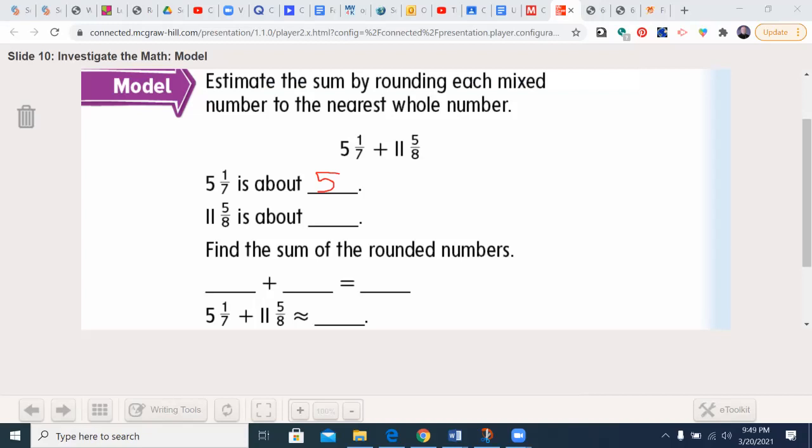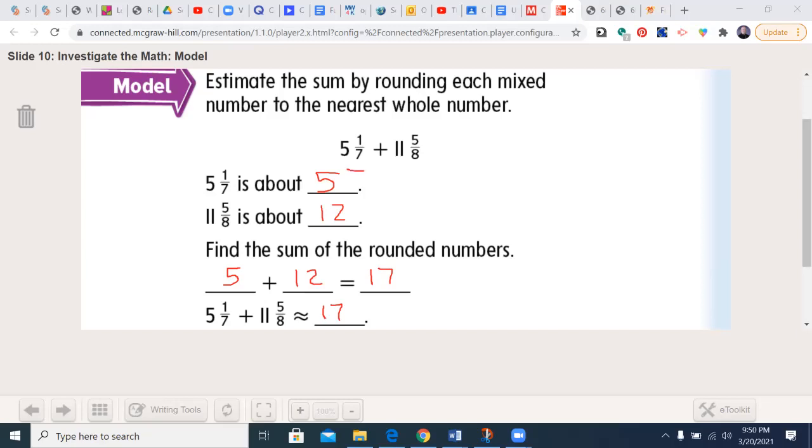You got the 11, so it's either going to be 11 or 12. And 5 is more than half of 8, so I'll go ahead and add 1 here, and I have 12. Now I just add, just like you would any other day. 5 plus 12 is 17. So 5 1/7 plus 11 5/8 is about 17.